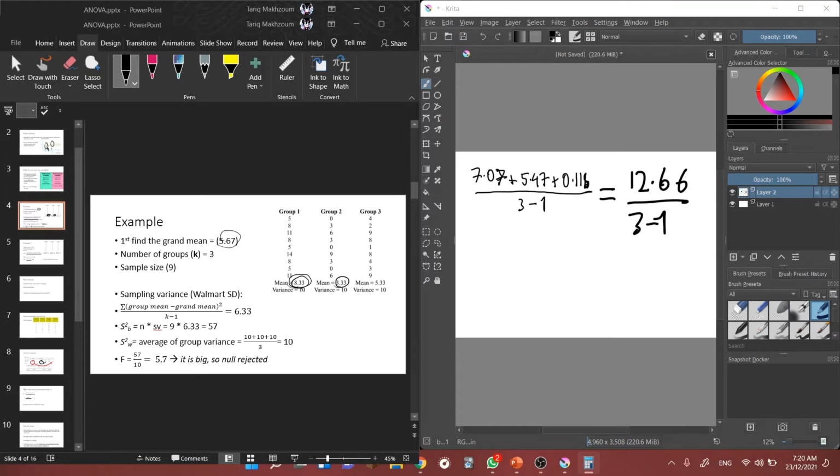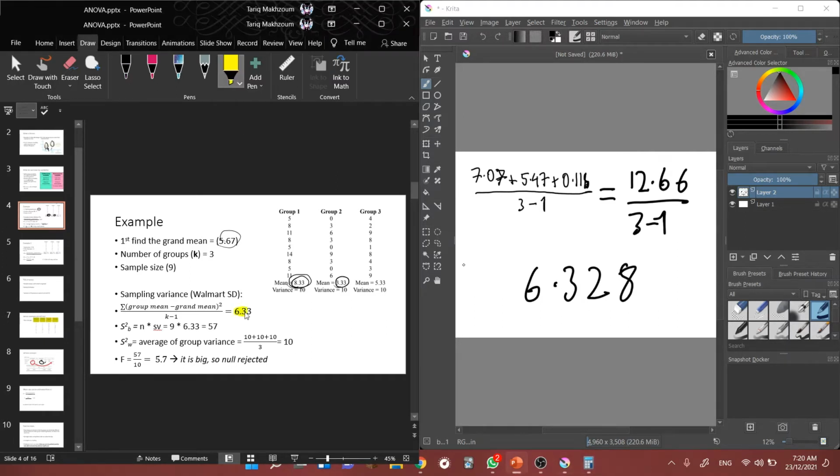Divided by 2, and that's going to give us a sampling variance of 6.328, or 6.33. Okay?